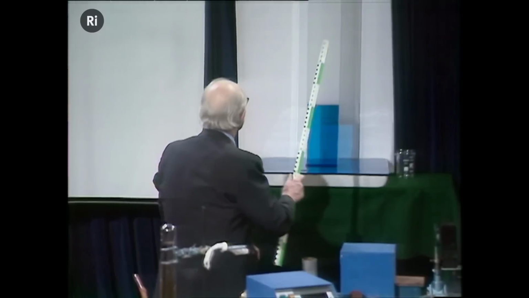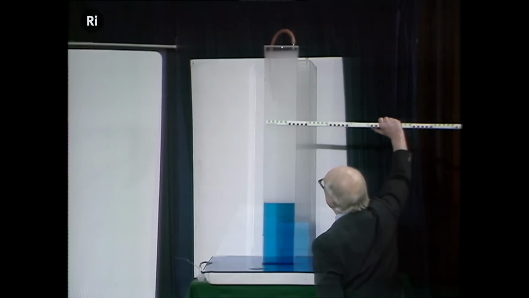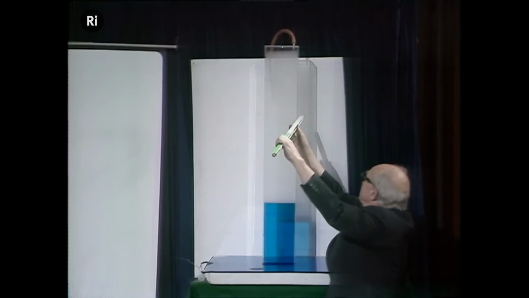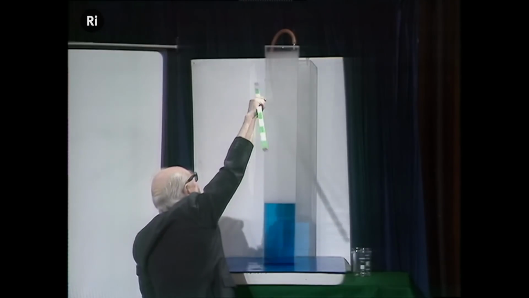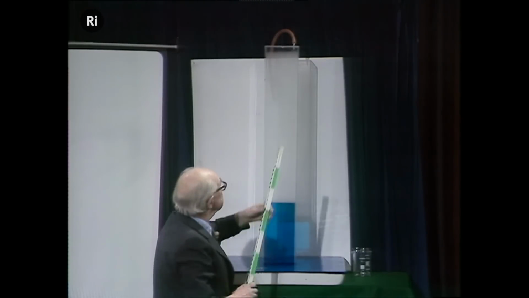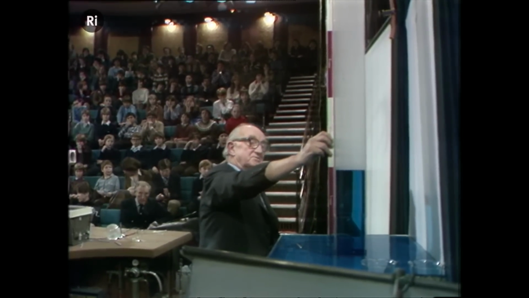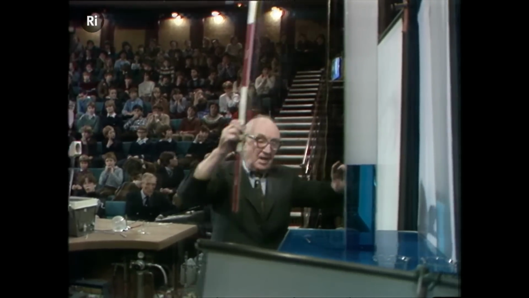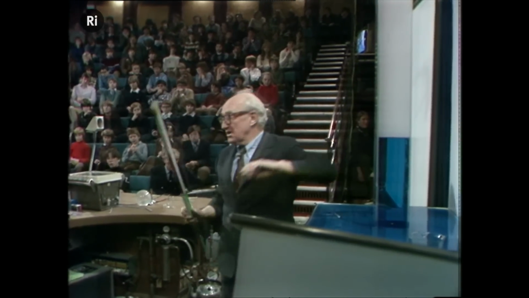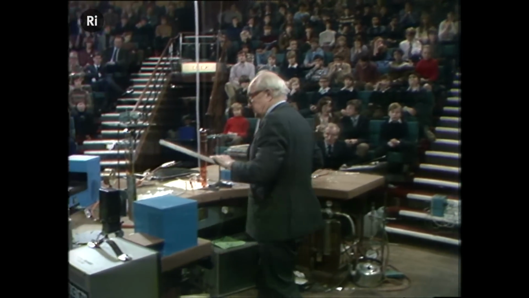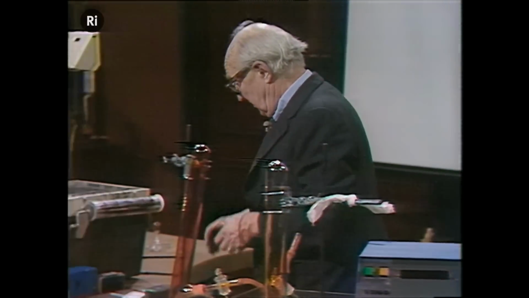What's the total amount of stuff I've got? 15 centimeters that way, 10 centimeters that way, 10 that way, if you can see it, and therefore 15 times 10 times something like 80 centimeters. I'm going to add an allowance for that because I did spill some. And I've done this experiment before, and I can assure you it'll come to not far from 100.